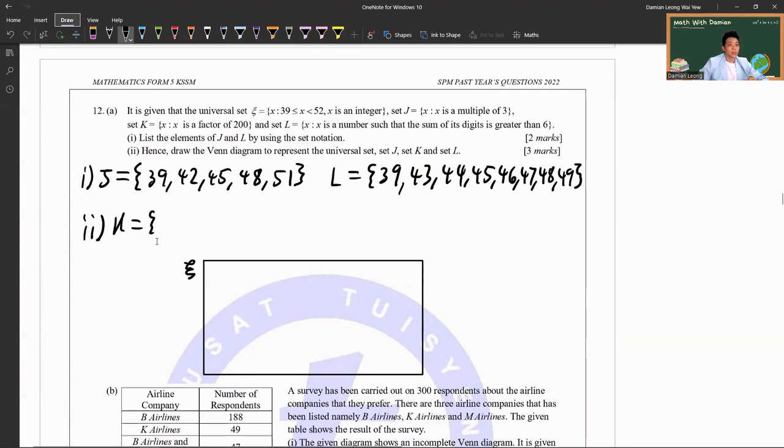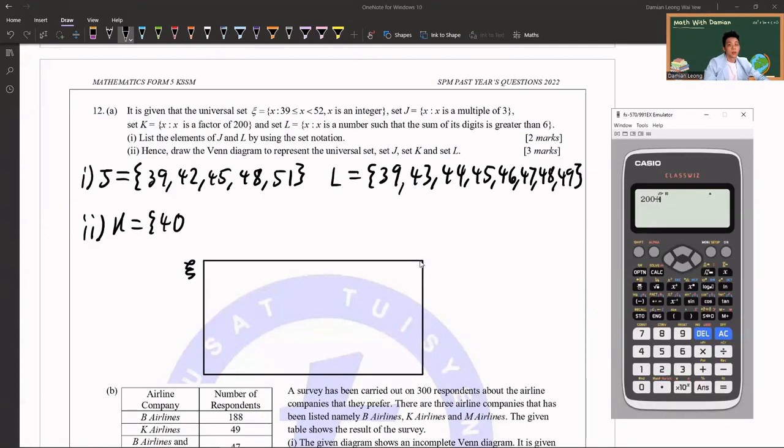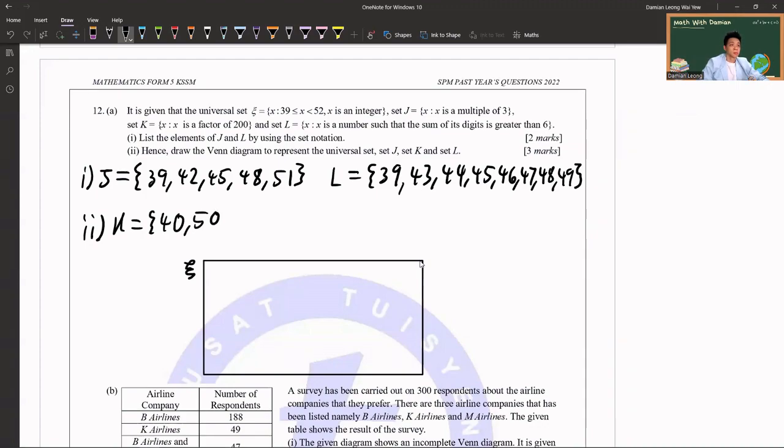So 200, I can divide by 40. Okay, within the numbers here, 40. Shouldn't be anything else except 40 and 50.